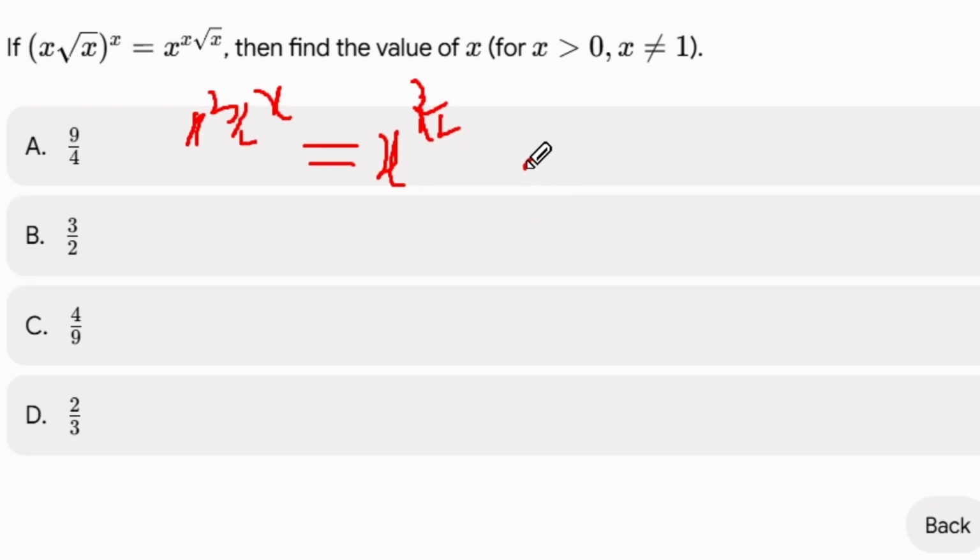Therefore, by equating the exponents, we get 3 by 2 x equals x power 3 by 2.